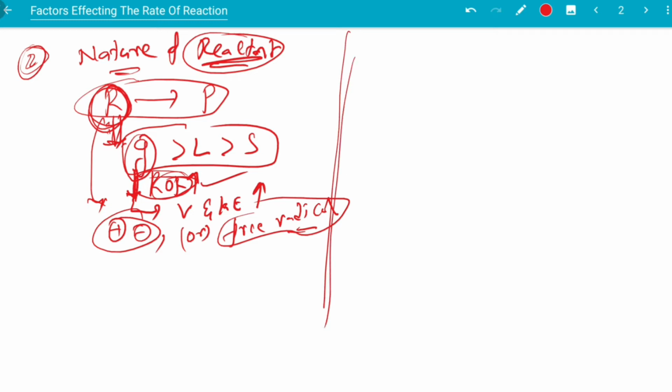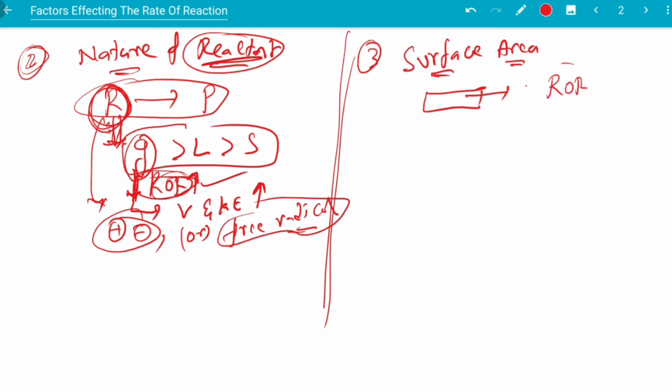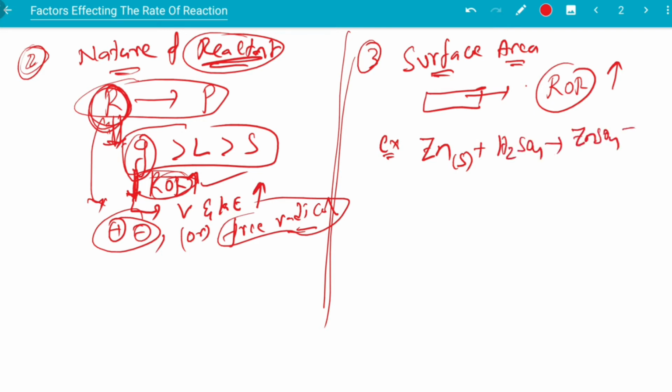And then the third factor is surface area. If surface area increases, reacting capacity is also increased, and the rate of reaction will be more. Here is an example: Zn in solid state combines with H2SO4 to produce ZnSO4 and hydrogen gas.